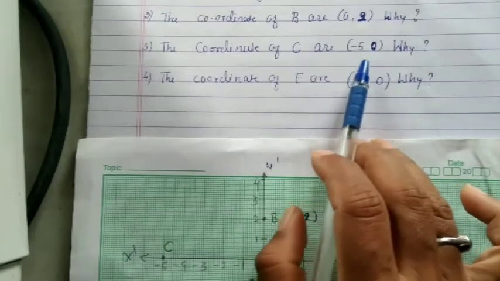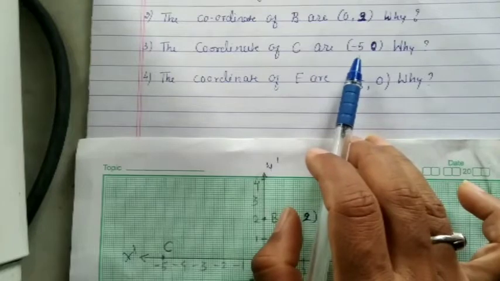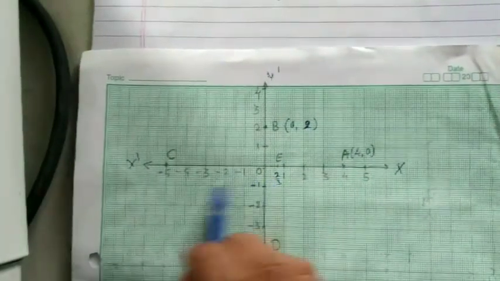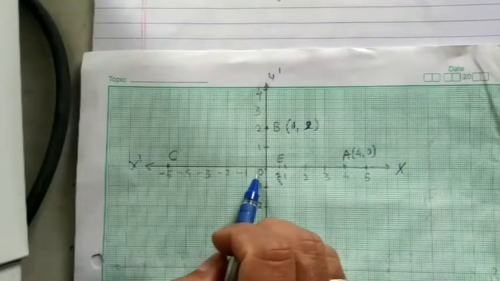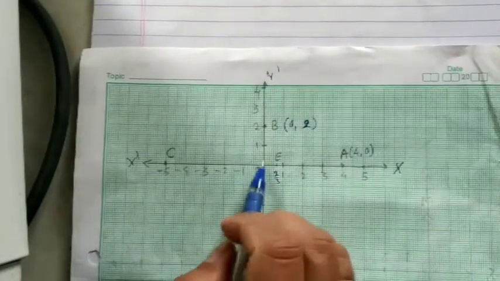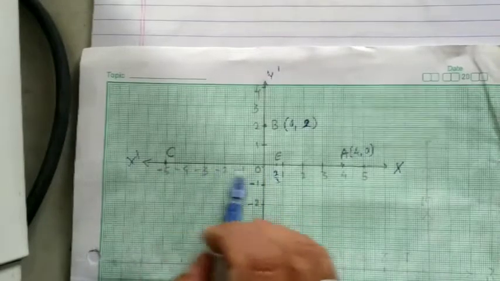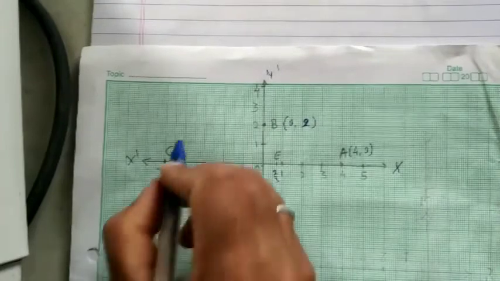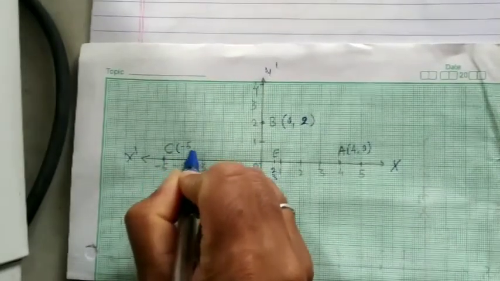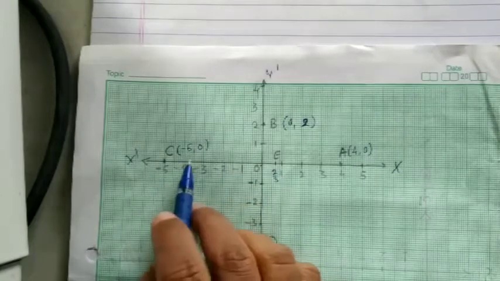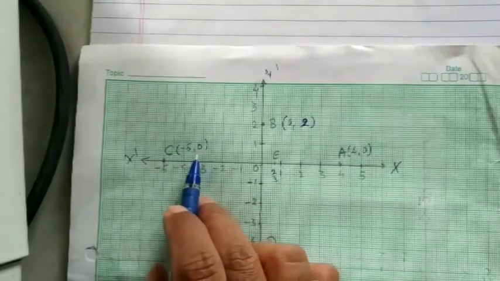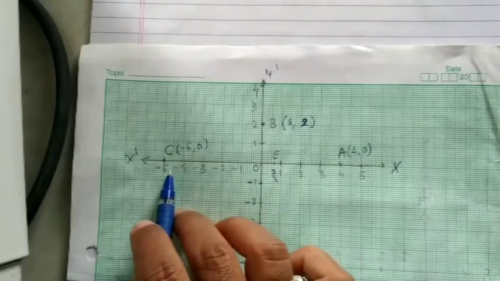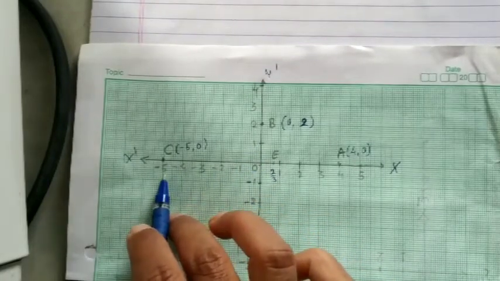But this time the value of x is negative, so on the graph we have that point on the left-hand side of the origin. Always, at the point of intersection, the origin will be there. So in the third question, the coordinates of C are minus 5 and 0. As the value of y is 0, C has no coordinate on the y-axis, but it has a coordinate on the x-axis, that is minus 5.